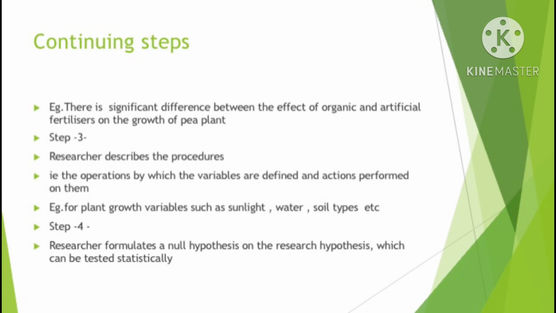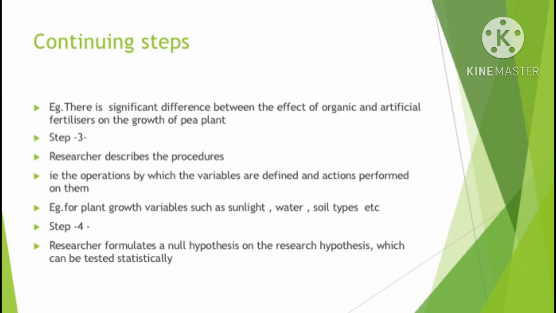Then the next step, step 3, is that the researcher describes the procedure. Here the researcher describes what sort of experiment he is conducting, how many plots he is selecting, which type of seeds he is selecting, and which other variables he is keeping constant. For example, the growth of the plant is affected by the sunlight, the availability of water, and type of soil, etc. Isn't it?